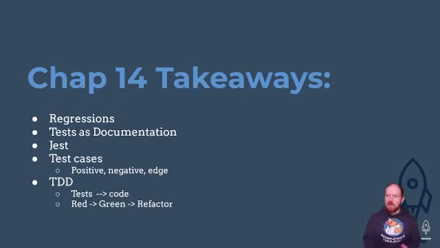And so regressions, we don't want those in code because we just made this excellent feature and it's out to production. It works amazing. Clients like it. And then we are working on some other feature, and what we are working on now actually broke the other feature that we just did. That's called regression in code because you're going backwards, not forwards.